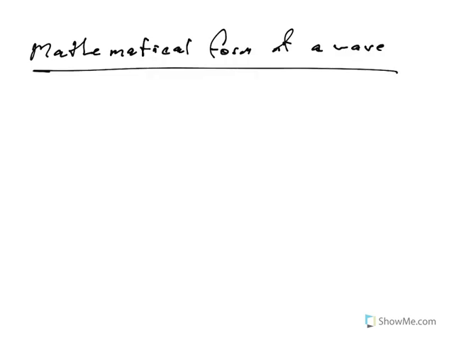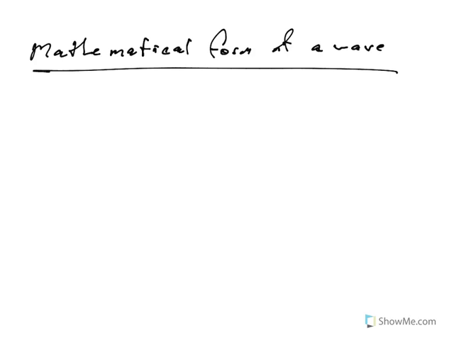All right, another big equation is kind of the mathematical form of a wave. And so if we're going to describe a wave in physics, and of course math is the language we use for a lot of our work, then we need to know how to define a wave mathematically, as if we're going to draw it out on a coordinate plane or something.